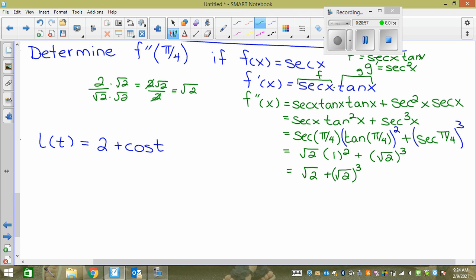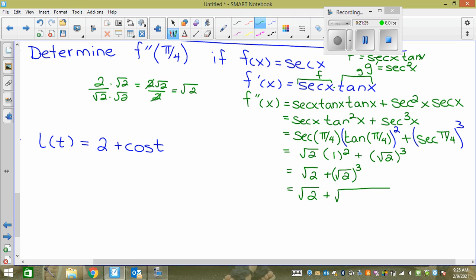Oh, my stomach just made noises. Type root 2 to the power of 3 and type it in. You should realize it's going to get you a decimal, correct? But root 2 cubed can be rewritten.